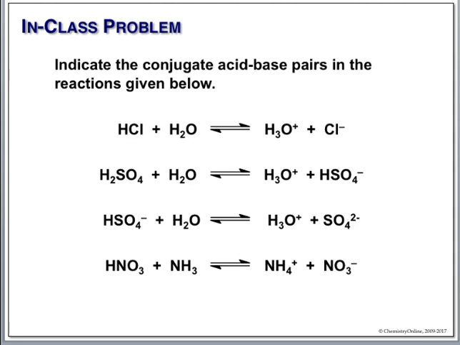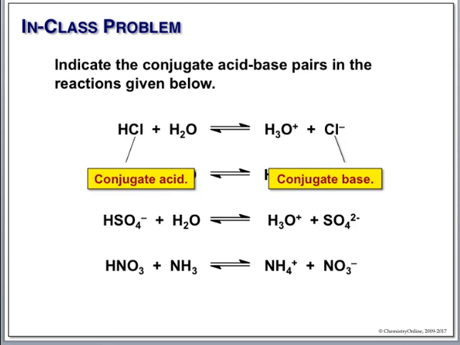We're going to form Cl- with a negative charge. This would be the acid, and this is its conjugate base. They differ by one hydrogen and one negative charge. Any question? Simple concept. They differ by one hydrogen and one negative charge.